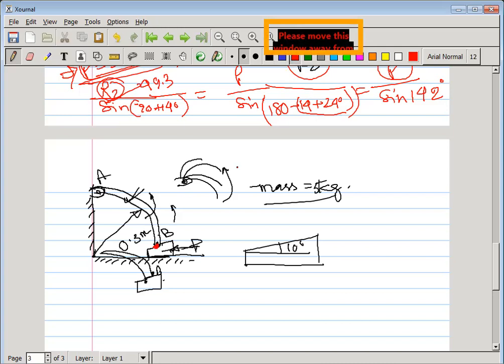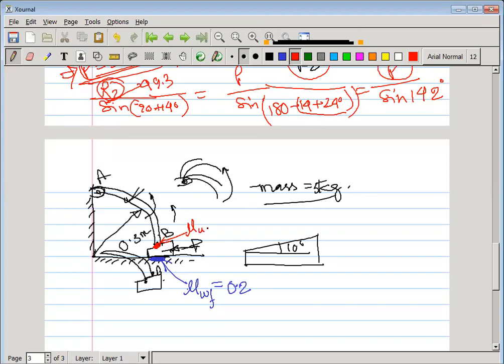For this surface and for this surface, these two are different. Take both different. For wedge and floor, you can take mu as 0.2, and for wedge and rod, take mu as 0.25.